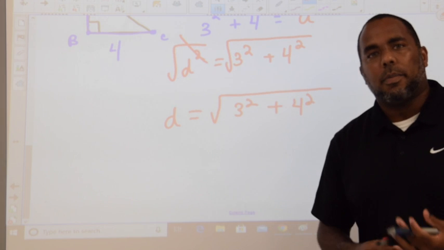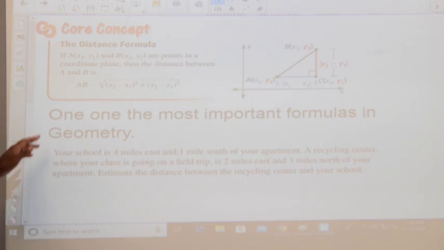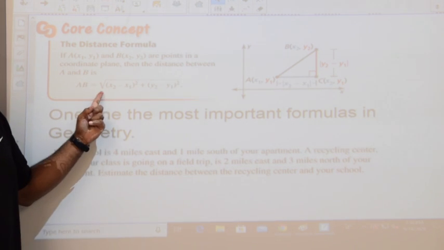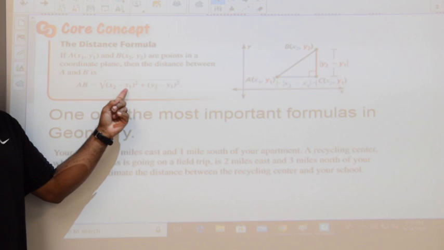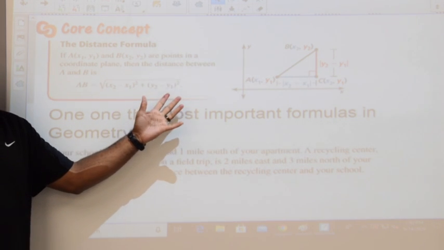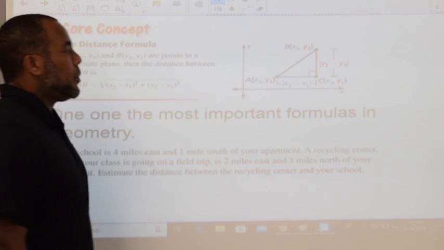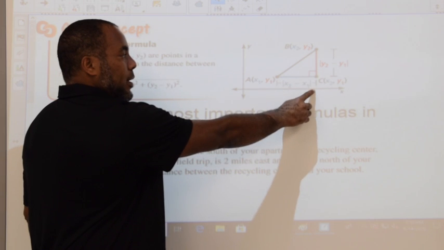That should look a little bit familiar. The distance formula was the distance, the square root of x2 minus x1 squared plus y2 minus y1 squared. This looks very familiar. How far is it from here to here? It's literally x2 minus x1.